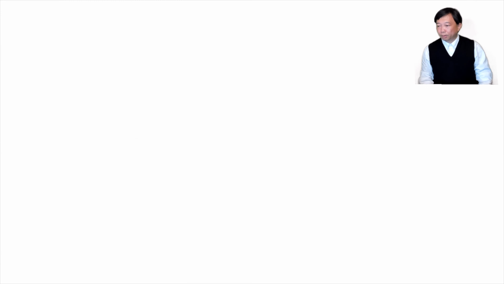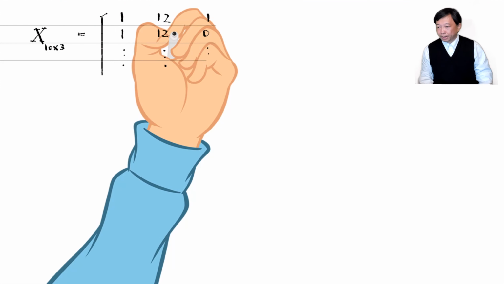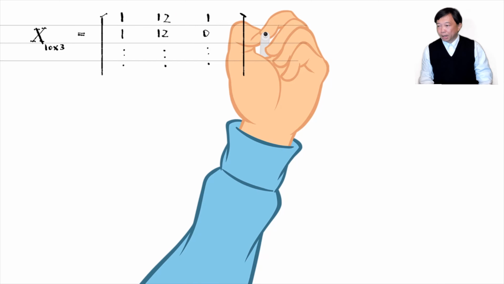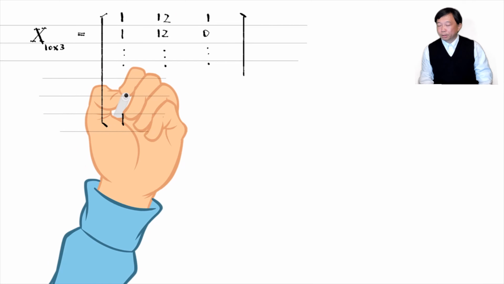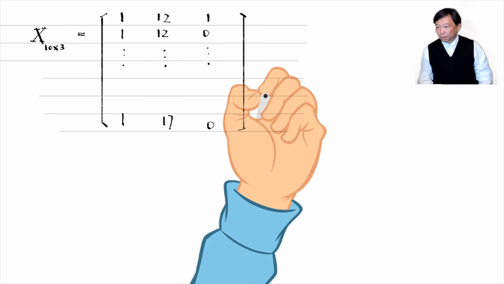We can write the explanatory variables and observations in a matrix X. We have 10 observations, so there were 10 rows. There were 2 explanatory variables, but we should add the ones for the intercept of the model. So the explanatory variable matrix X has 3 columns. It is a 10 by 3 matrix.